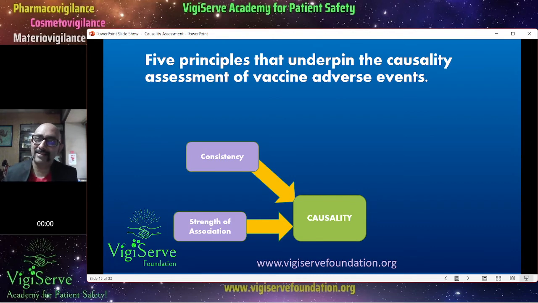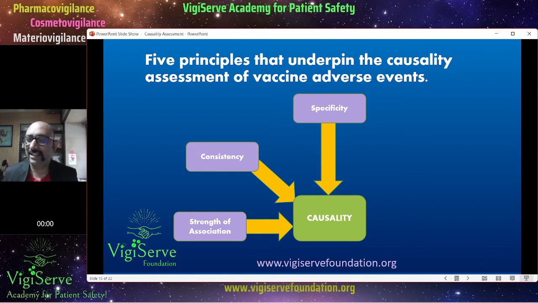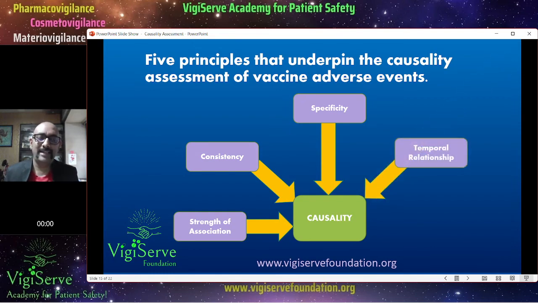Then the consistency, like you have been receiving a particular report, or it is known to cause it, and so on. Then the specificity of the adverse event. Then the temporal relationship: you gave the vaccine and immediately an adverse event happened, or the next day, rather than something happening after 2 or 3 weeks.